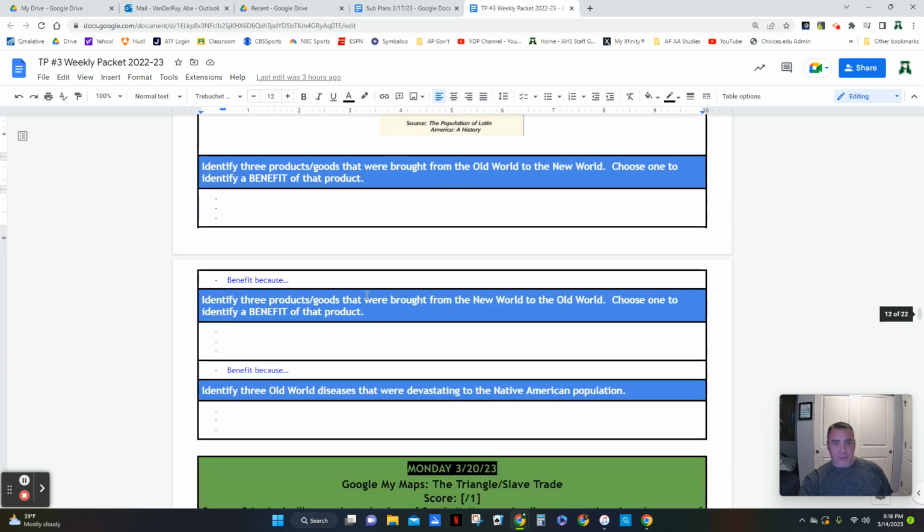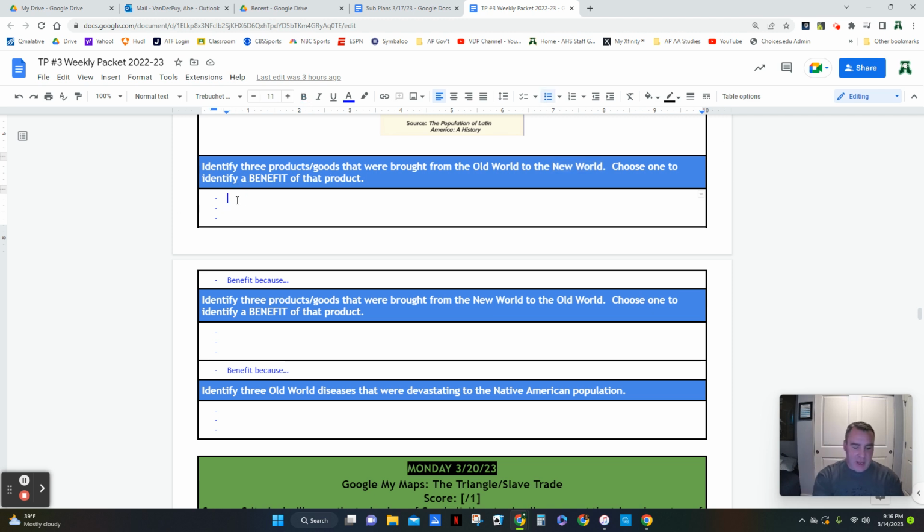And then down here at the bottom, you need to identify 3 products that were brought from the Old World to the New. So this is Europe. If you want to annotate this and put a little Europe in there, and New World, Old World to the New. So the New World is the Americas. Choose one to identify a benefit of that product.